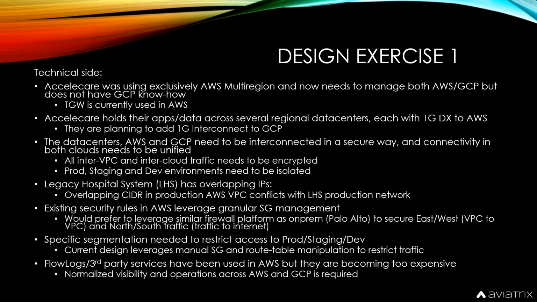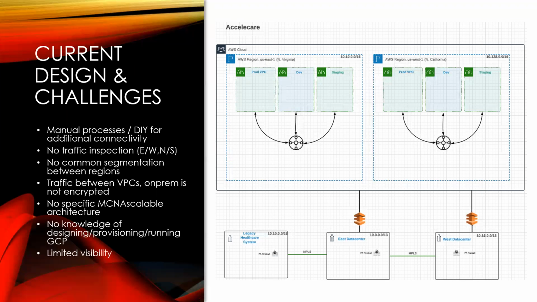So let's go ahead and take a look at what the architecture looks like in their particular environment today. And so right now we can see that we have 2 different regions. We have US East, and we also have US West, and we have connections into our on-premise network through direct connects.